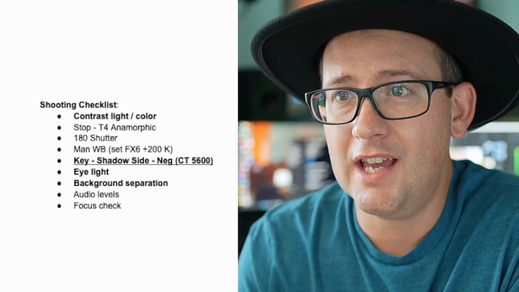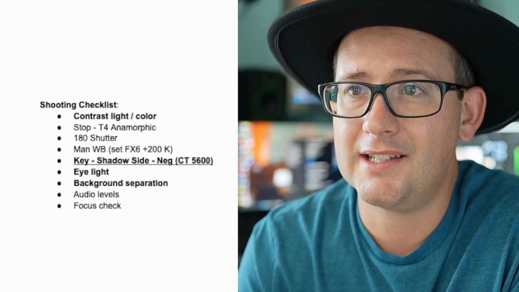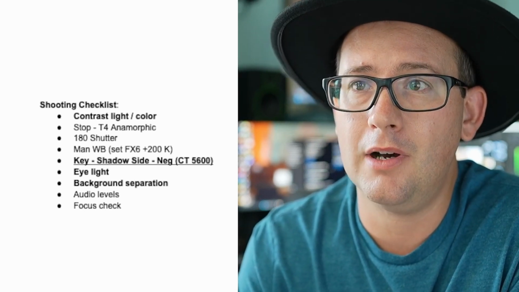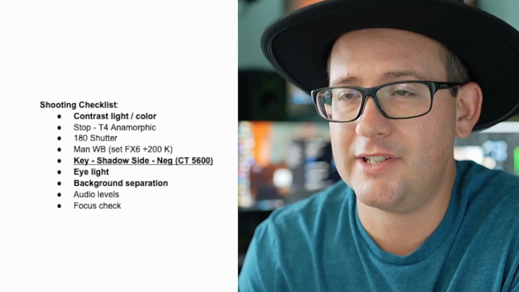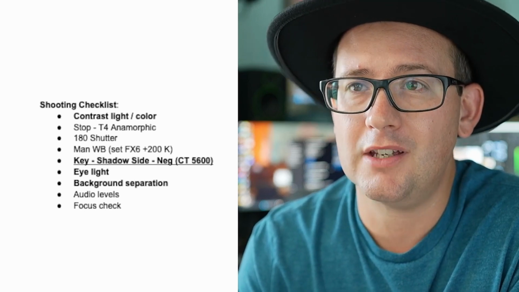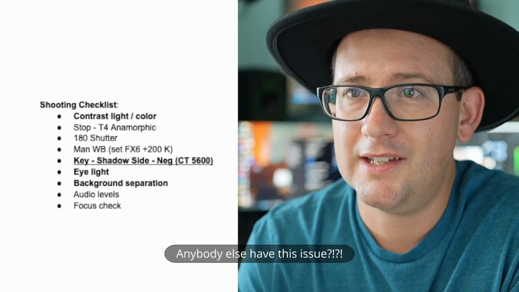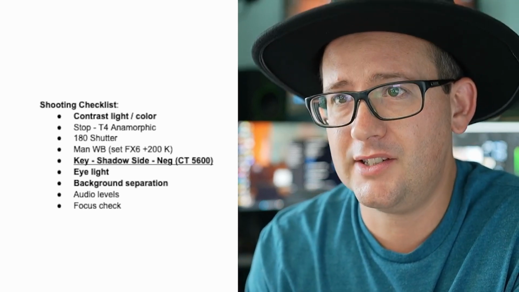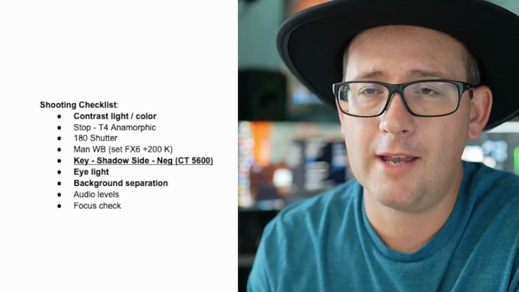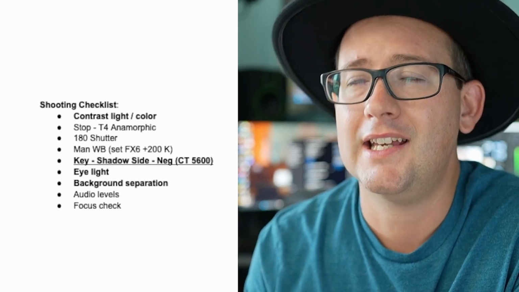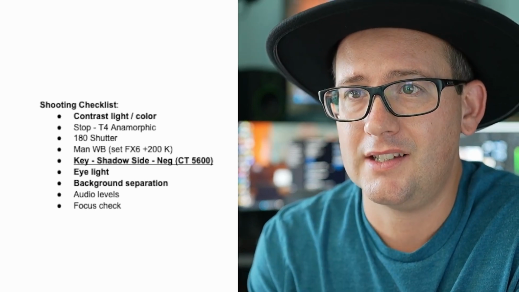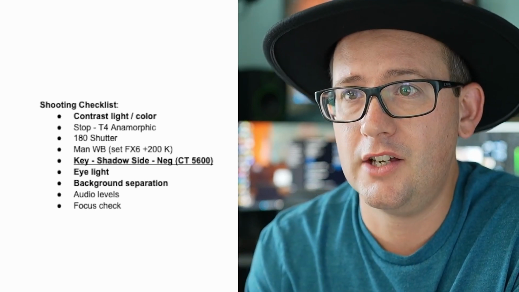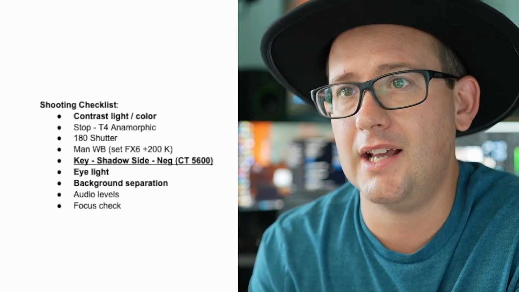I have a note, the FX6 needs to be set plus 200 Kelvin above the other matching cameras, FX3, FX30, because for whatever reason, the FX6 is 200 Kelvin colder. And so we need to set it plus 200. So for example, if we're balancing to daylight, then the FX3 might be at 5600 and the FX6 needs to be at 5800.